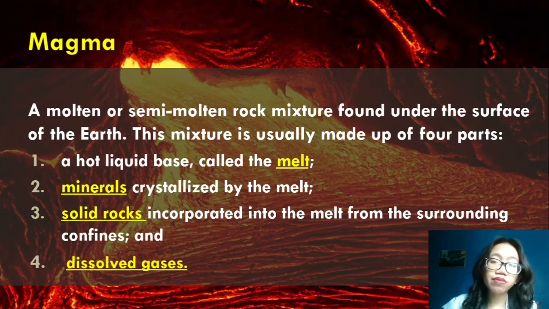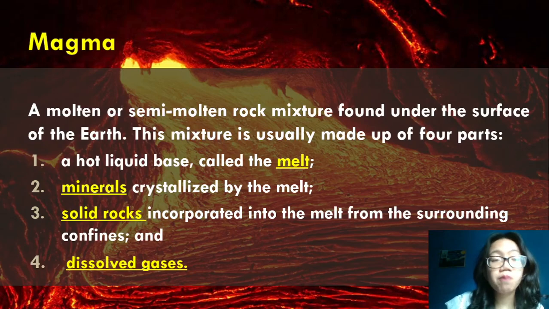And also, we have your dissolved gases. As you know, whenever we check if there is a possible volcanic eruption, we always check for 2 things. First, we check for earthquakes, which are a good sign of tectonic or volcanic activity, and also the presence of dissolved gases, because the formation of magma will always produce these gases.